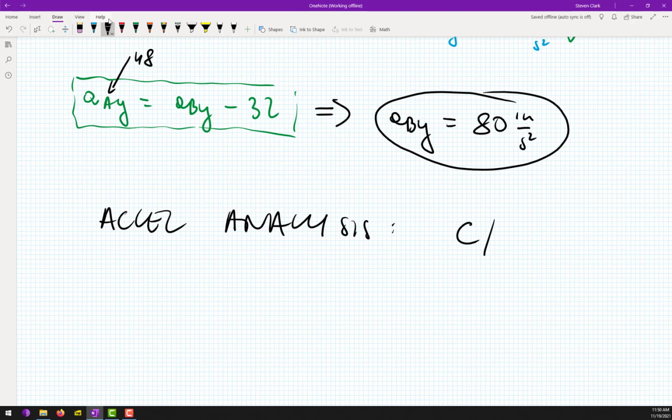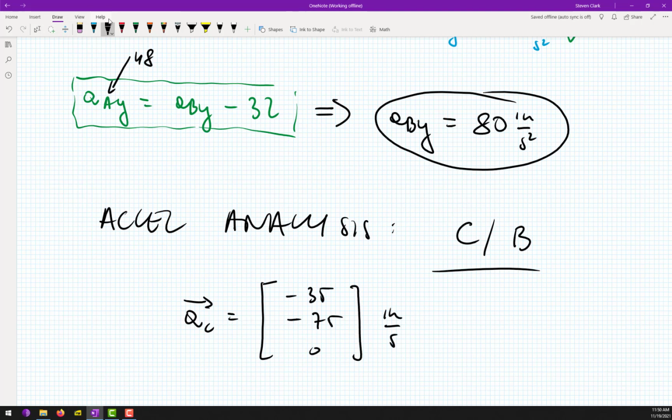Let's say C and B. If you do that for the 17th time today, you will end up with a_C equal to -35, -75, 0 inches per second squared. And that's it when it comes to such problems.